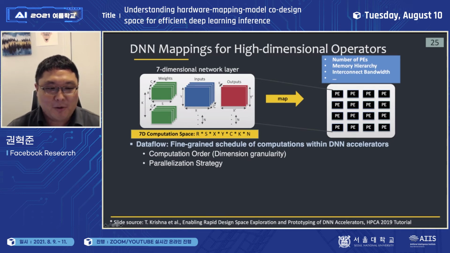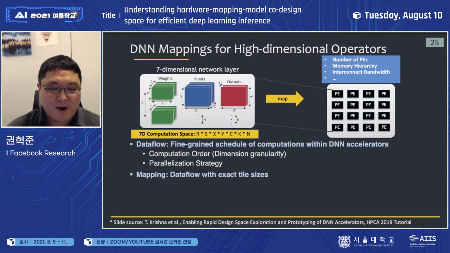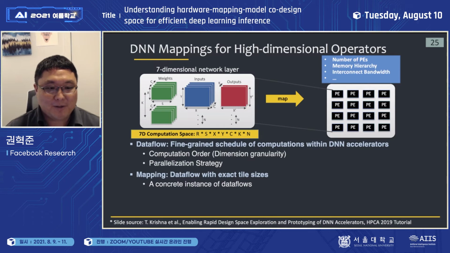The combination of the computation order and parallelization strategy together is termed data flow. The data flow is basically a strategy for how we want to map those operators onto the PE array. But we also need to determine the actual size of the mapping, which means a concrete instance of a data flow.